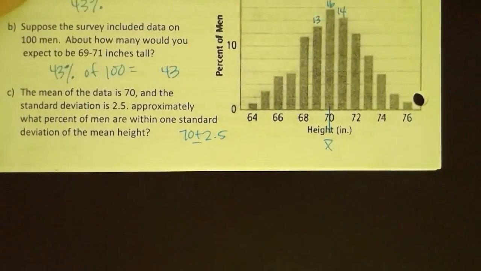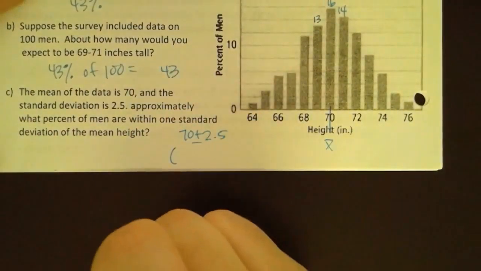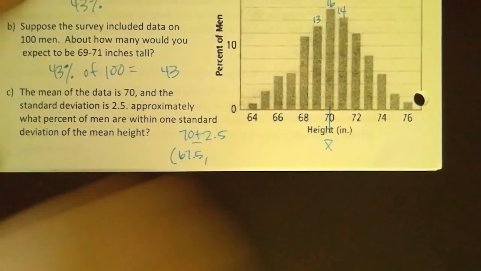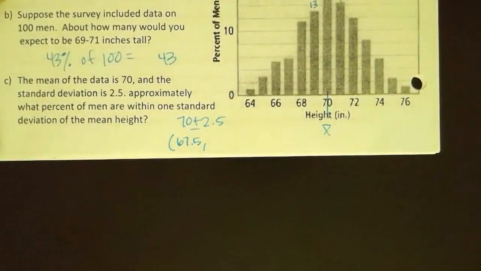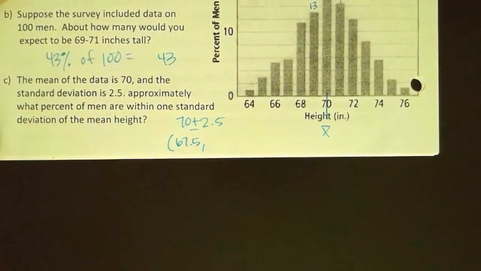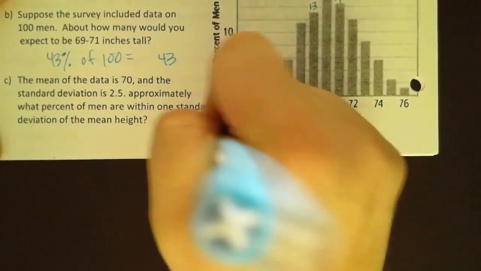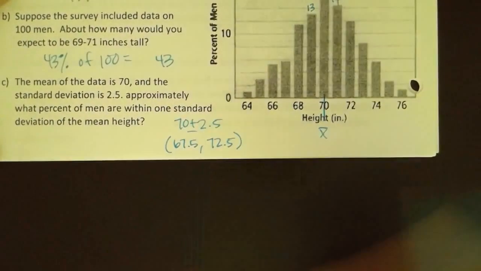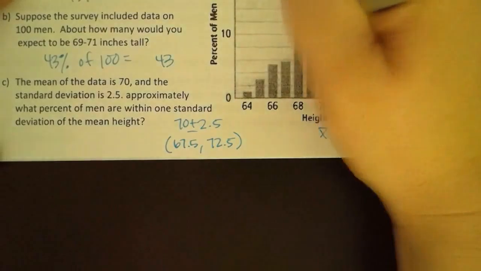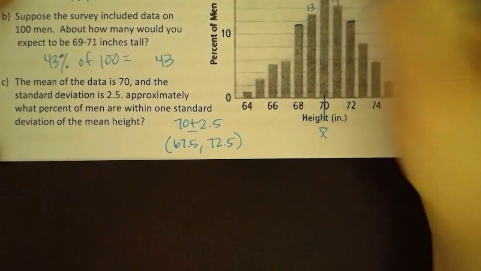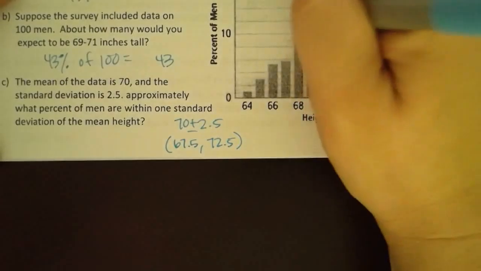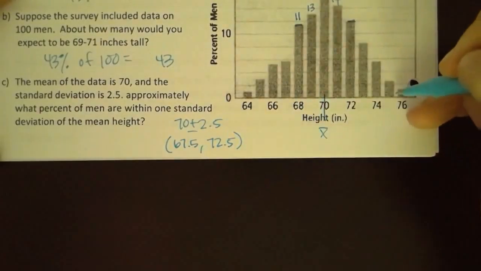Right? 70 plus or minus the 2.5. If I subtracted 2.5, it would be 67.5. If I added the 2.5, it would be... No, we don't really have the 0.5, so we're going to go from 68 to 72. So what percentage is in the 68 range? About 11. We're estimating.